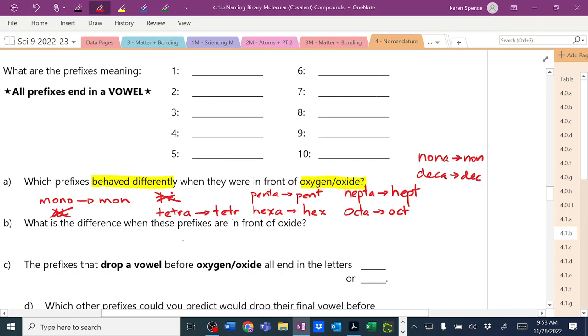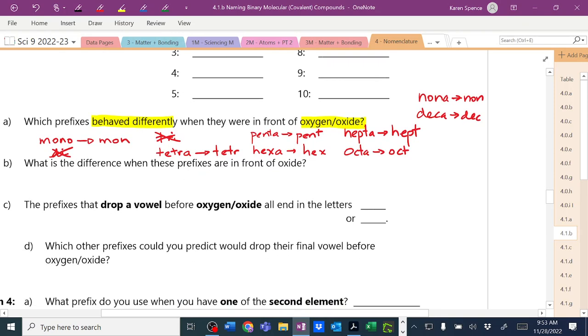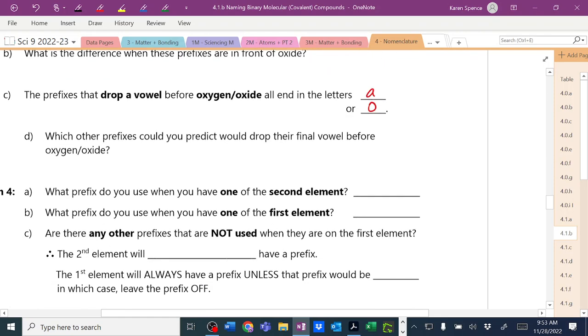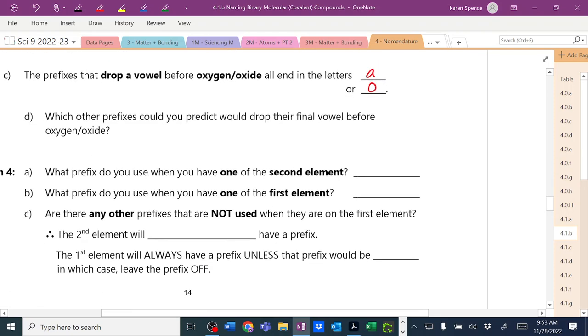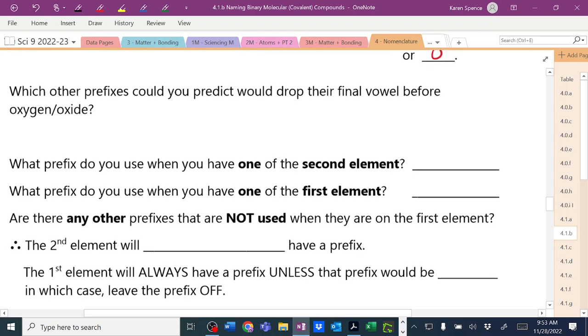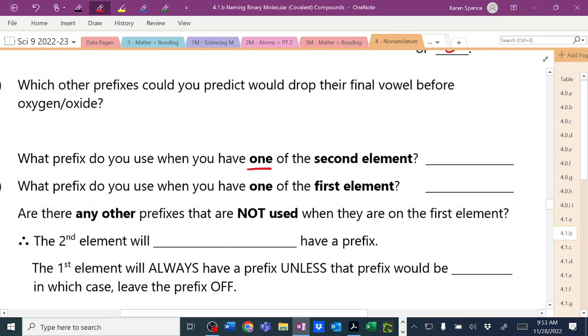And we just answered that. Drop a vowel before oxygen and oxide with the letters A or O. I think we're just going to ignore that one.